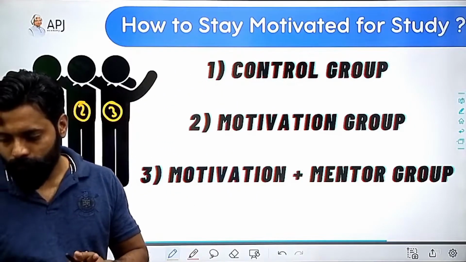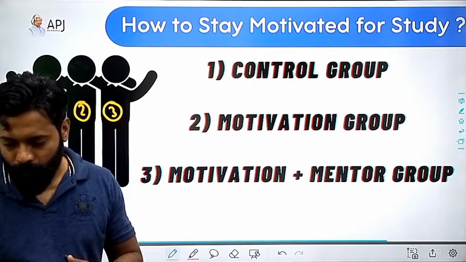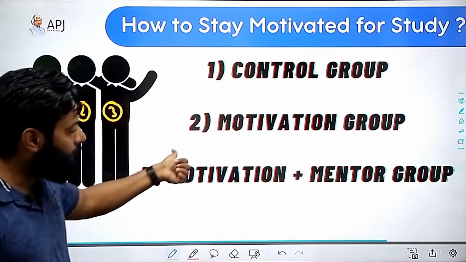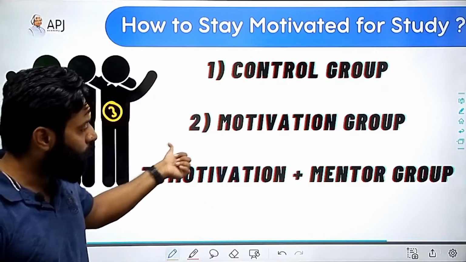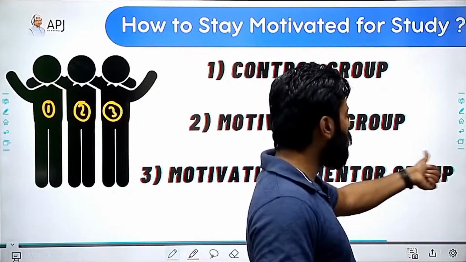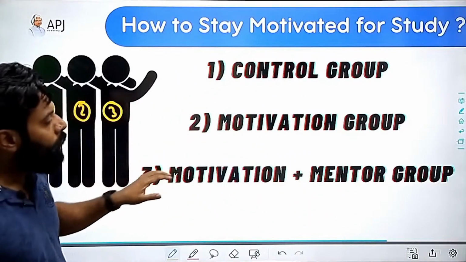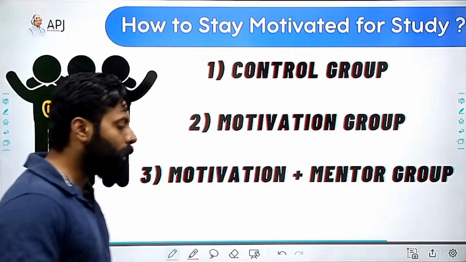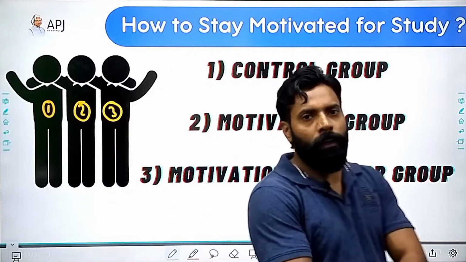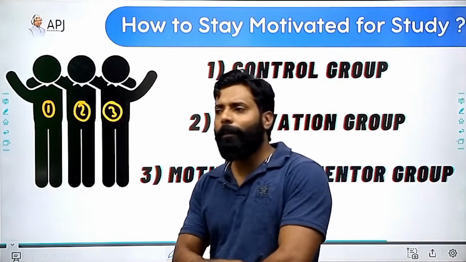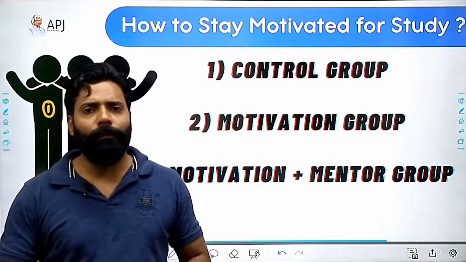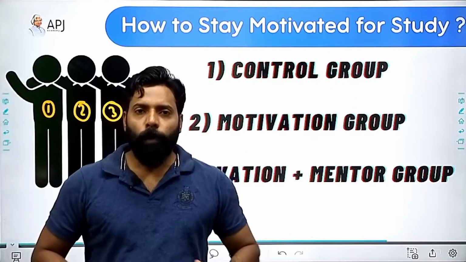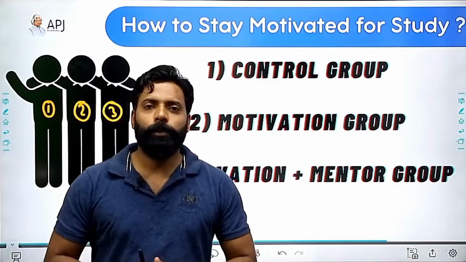Third, yes. So the answer: after the research, they found out that the group which outperforms all the other groups is the third group, which has a mentor. A mentor is very important, as you also saw in the Mahabharata. In the Mahabharata, there was a fight between the Kauravas and Pandavas, and a very popular fight between Karan and Arjun.